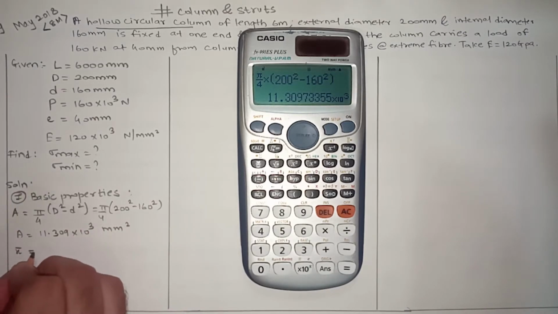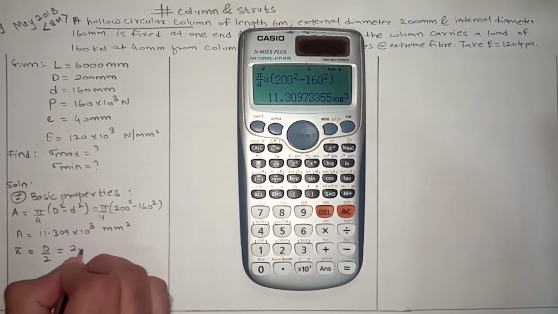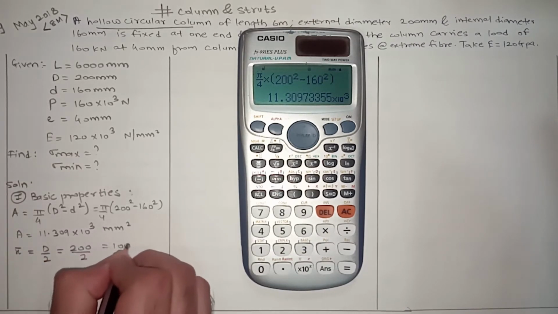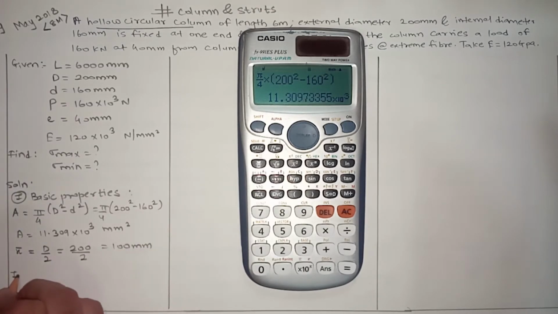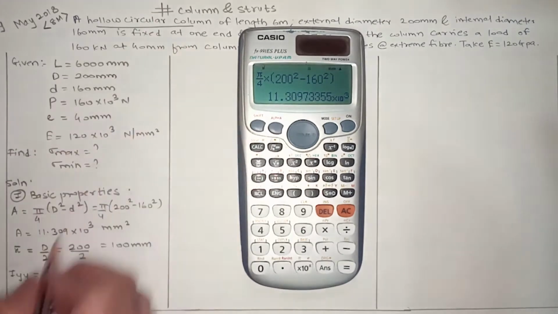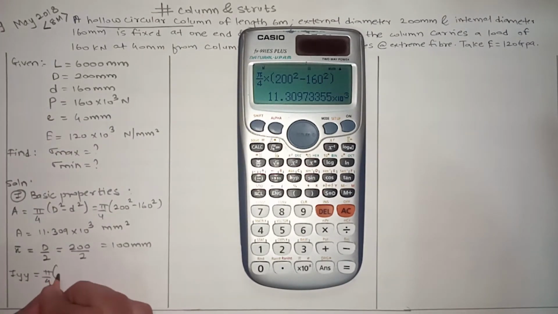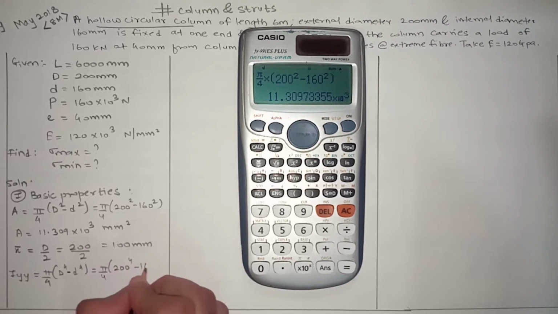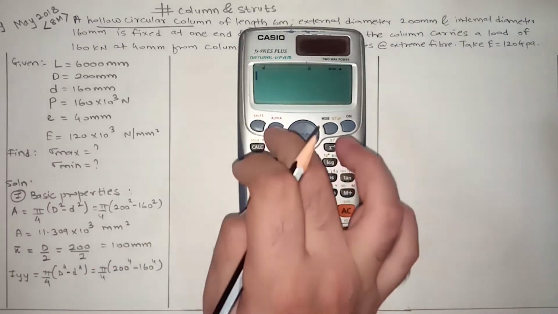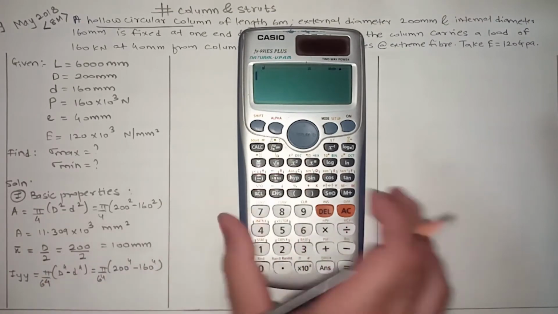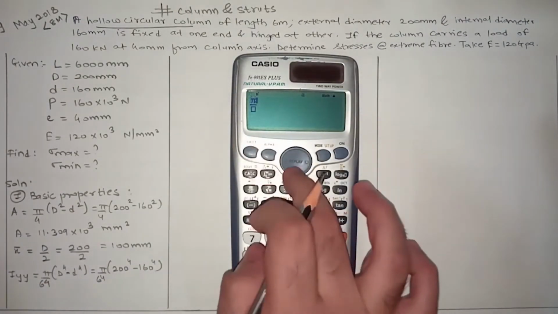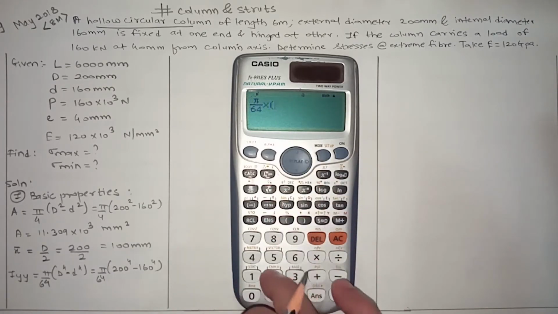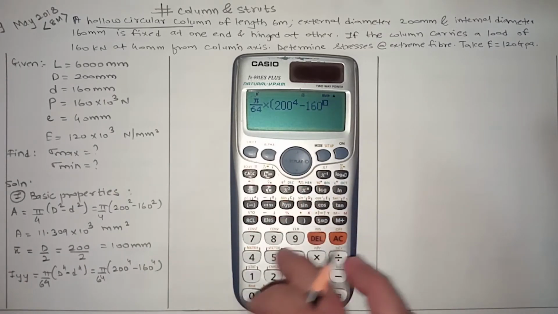Next we need to find x bar. So x bar is capital D by 2, means 200 by 2, means 100 mm, and we need to find inertia about y axis. So for hollow circular column, inertia about y axis is pi by 64 into capital D raised to 4 minus small d raised to 4, that is pi by 64 into 200 raised to 4 minus 160 raised to 4.